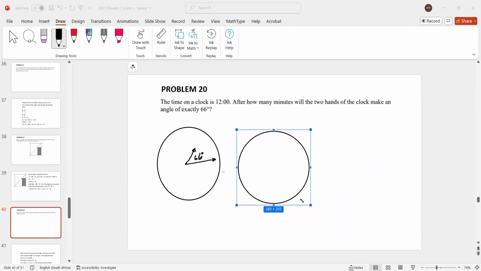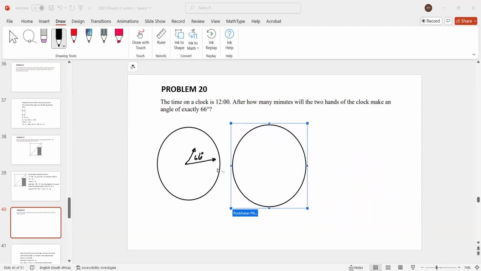Okay, it's going to be the same size. All right, so originally it started off as 12 o'clock. So the two lines were at the same place. The hour hand and the minute hand were both together.